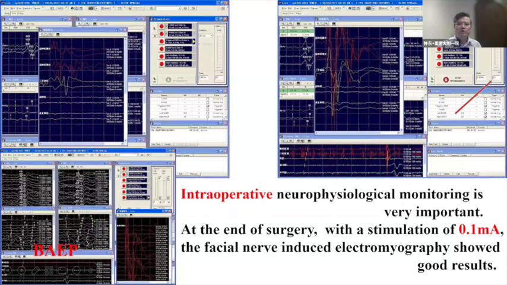Intraoperative neurophysiological monitoring is very important. At the end of surgery, with the stimulation of 0.1 milliampere, the facial nerve induced electromyography showed good result.